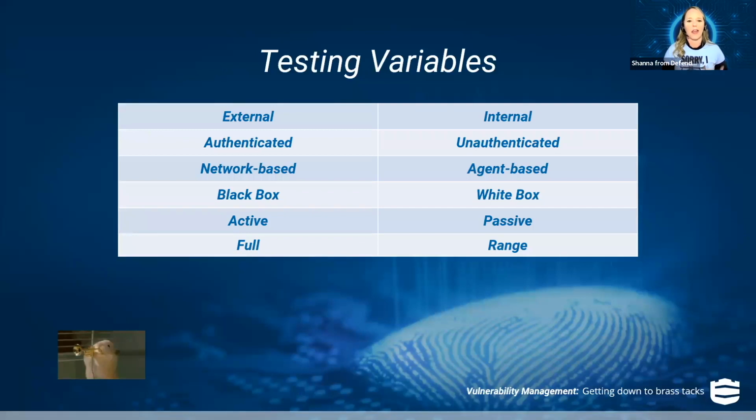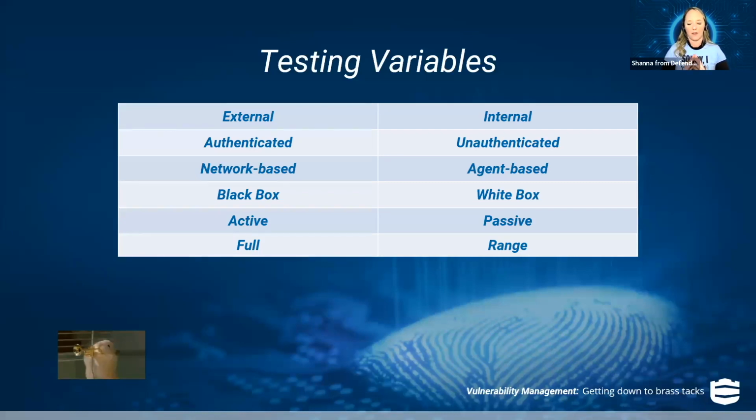Or the test can be internal. In that situation, whether it's vulnerability scanning or penetration testing, what we're doing is looking at and going after assets on the inside of the perimeter that could be compromised if an employee clicked on a phishing email, or went to a watering hole website, or obtained malware through any number of different ways.